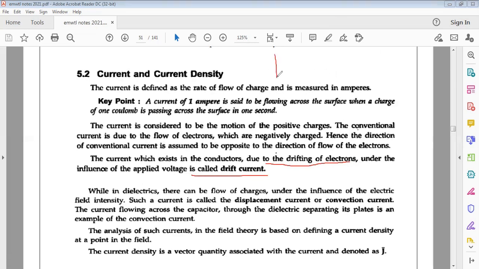Suppose I am taking a conductor and applying a voltage here.